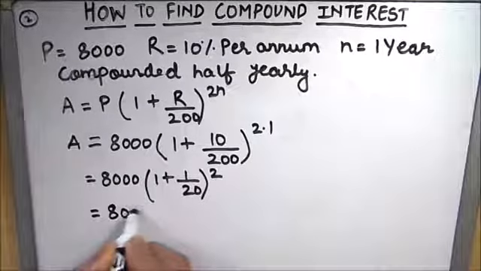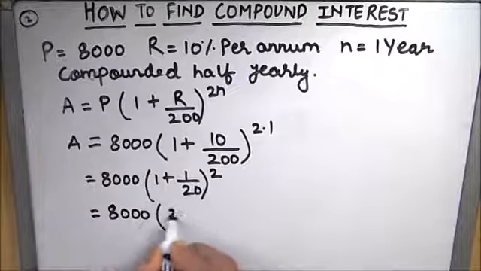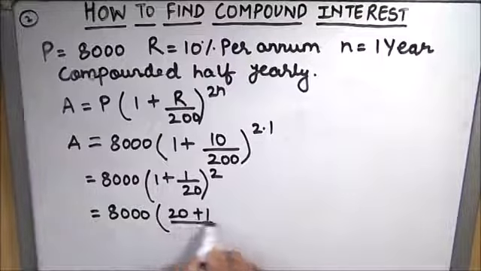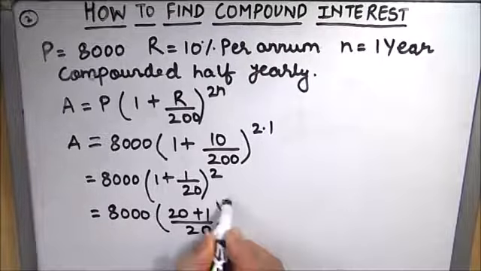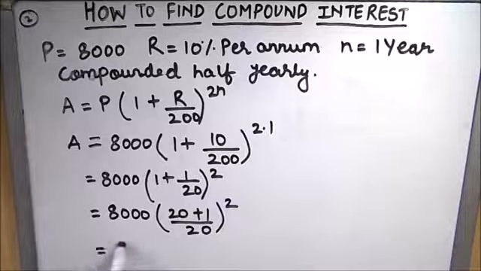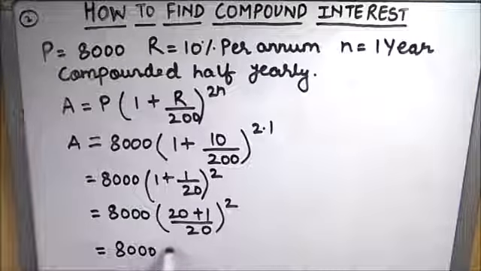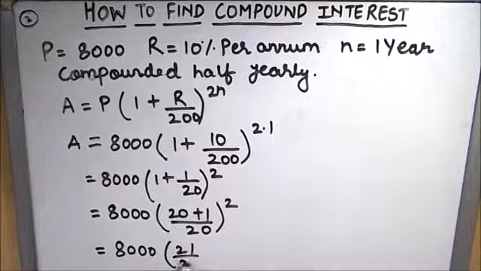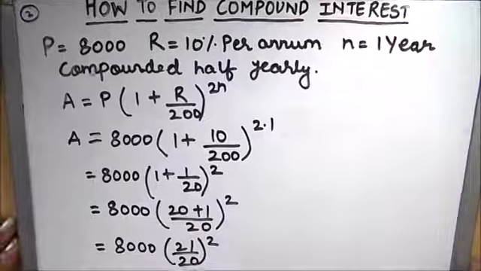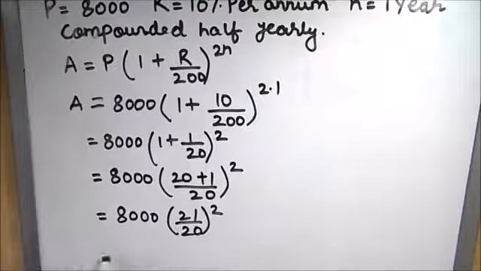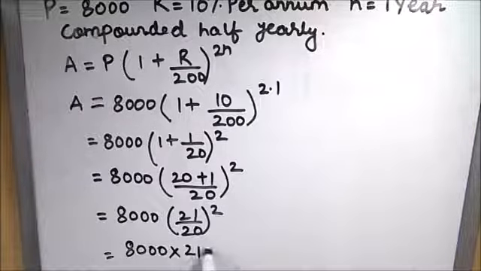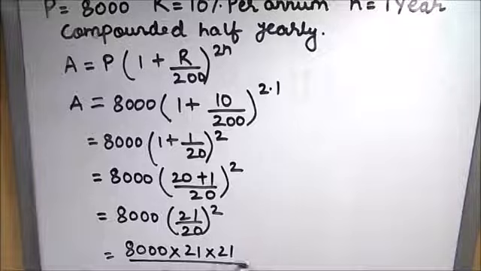So this is going to be 8,000 times 20 plus 1 over 20 square, or 8,000 times 21 over 20 square. So this will be 8,000 times 21 times 21 over 20 times 20.